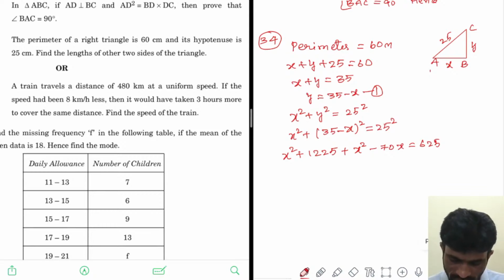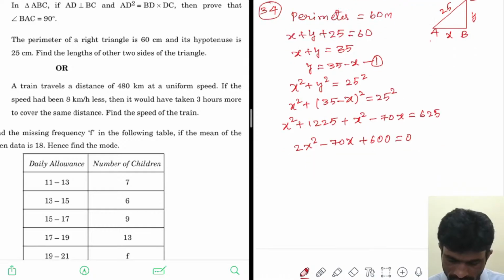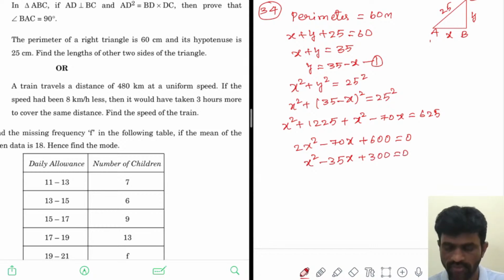Now X square plus X square is 2X square, minus 70X, and 625 if you transfer to this side, 1225 minus 625 is 600, is equal to 0. And we can divide everywhere by 2. So the equation is going to be X square minus 35X plus 300 is equal to 0. Now we need factors of 300 such that we get 35.